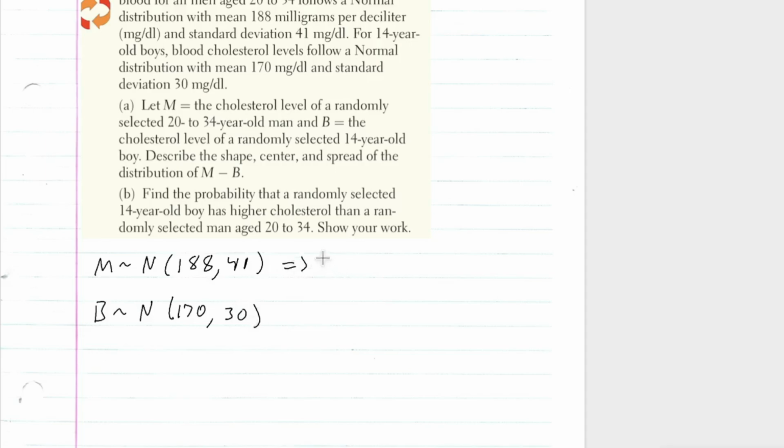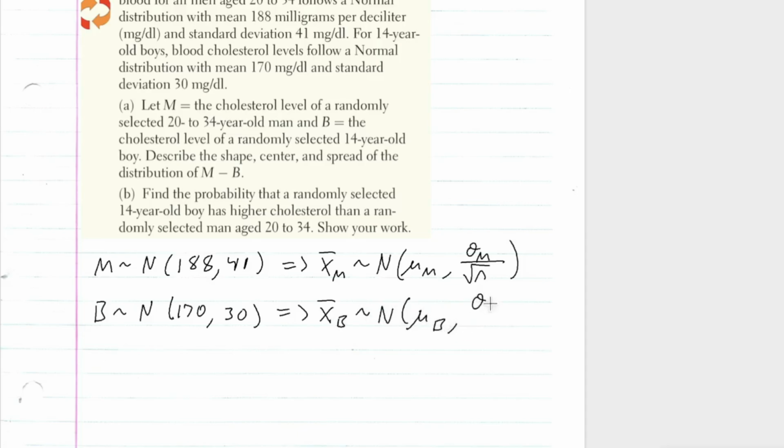So remember, this implies that x bar m is approximately normal, where the means are the same, so this will be the mean of m. And the standard deviation for this sample mean is the standard deviation of m over the square root of n. Same thing here, x bar b is approximately normal with the mean of b and the standard deviation of b over the square root of n.